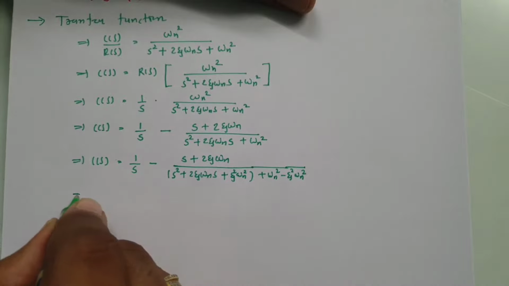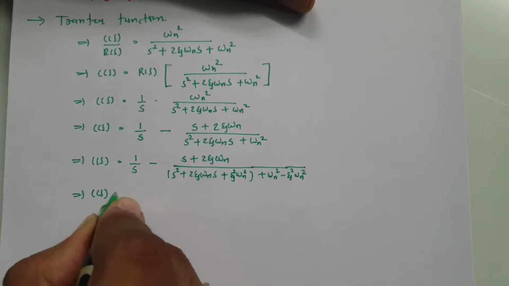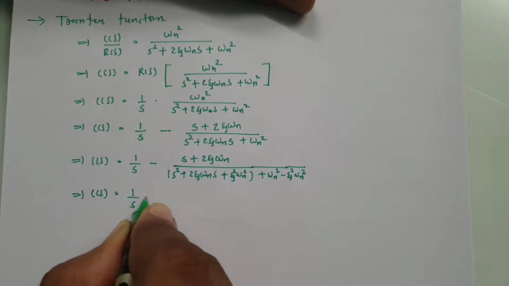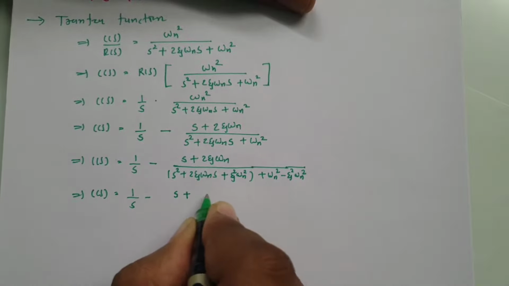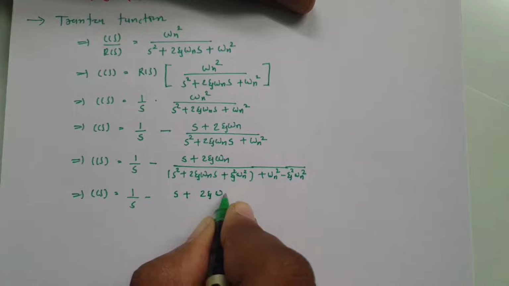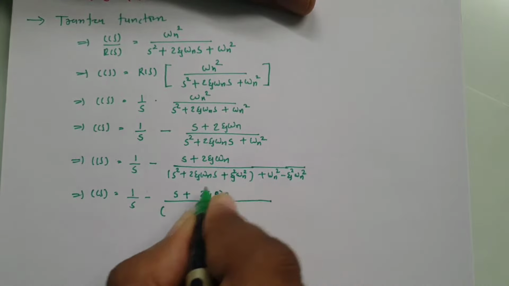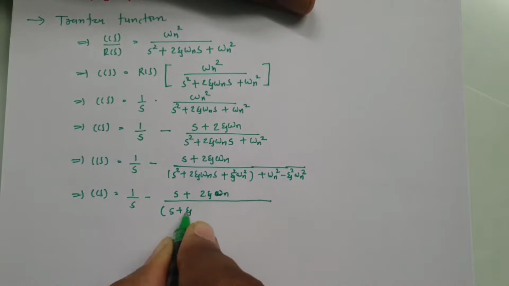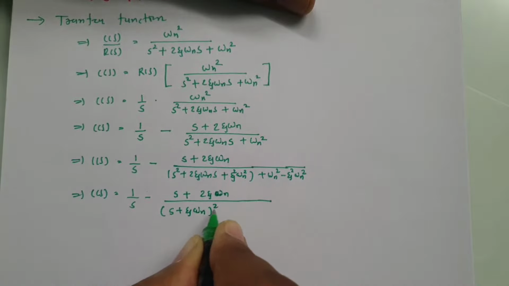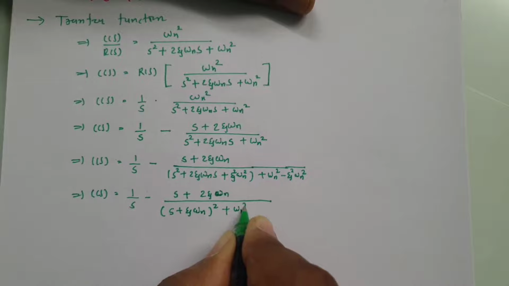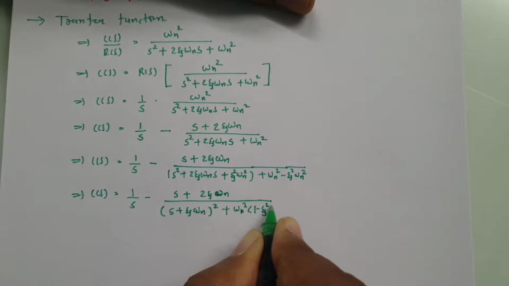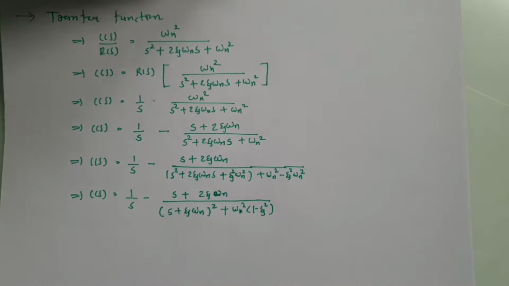And you see this term will be 1 by S minus s plus 2 zeta omega n divided by s plus zeta omega n whole square plus omega n square into 1 minus zeta square, that I can write.